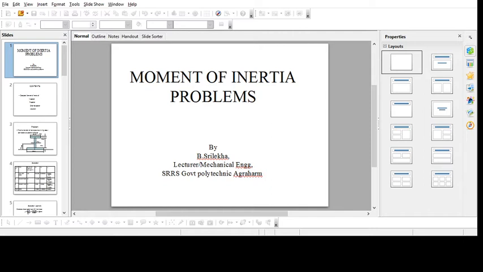Now, after finding these rectangles, what you can do is simply find the areas of each rectangle and the centroid of each rectangle.